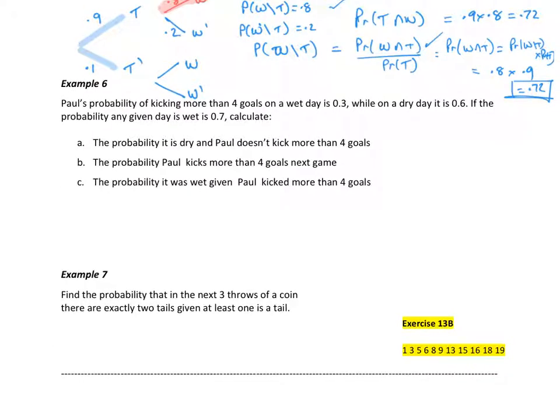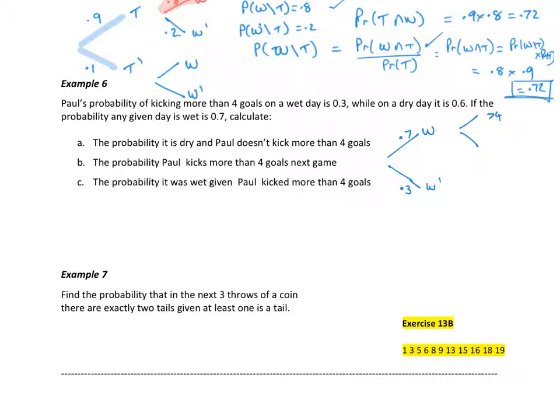What about Paul's? Probability of kicking more than 4 goals on a wet day is 0.3. Calculate. So again, there's only 2 events happening. Kicking goals depends on the wet and dry, so we put the wet and dry first. So it's going to be wet 0.7 of the times, so it's not wet 0.3 of the times, and we kick more than 4.